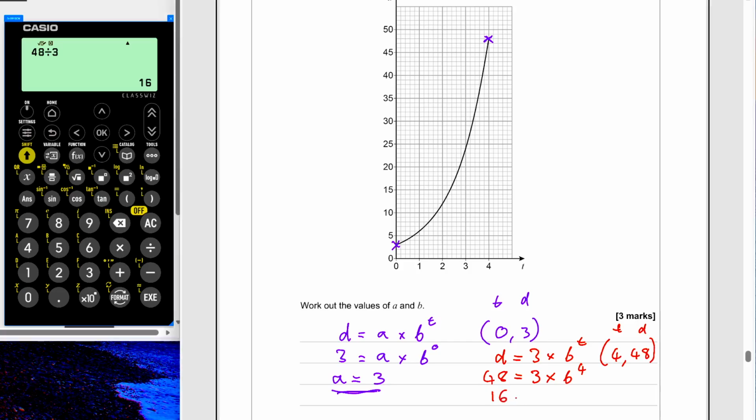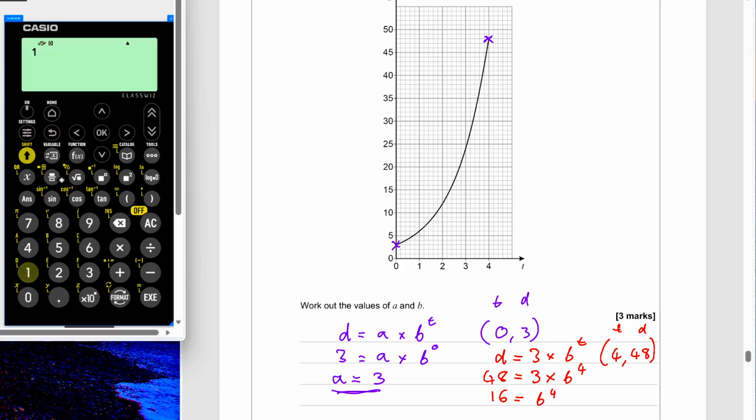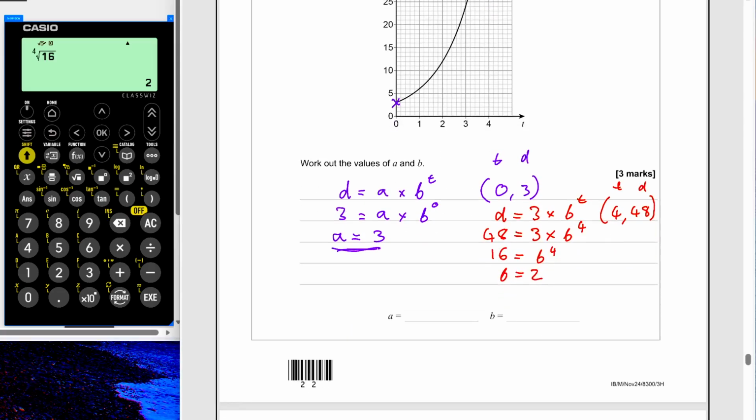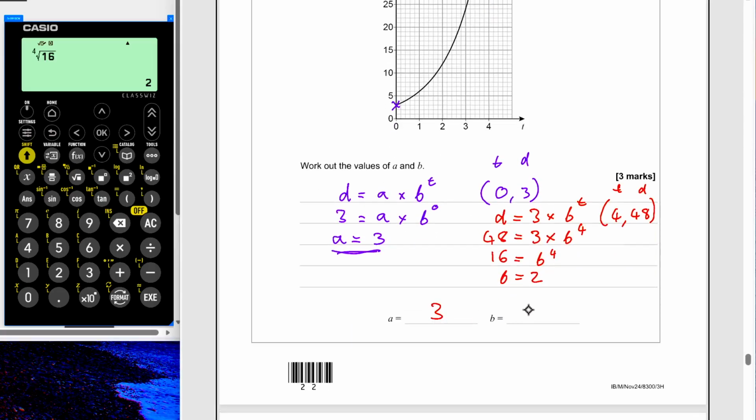So 16 is going to be equal to b to the power 4. If we then fourth root, the fourth root of 16 is going to be 2. So b is equal to 2. So a is equal to 3, b is equal to 2.